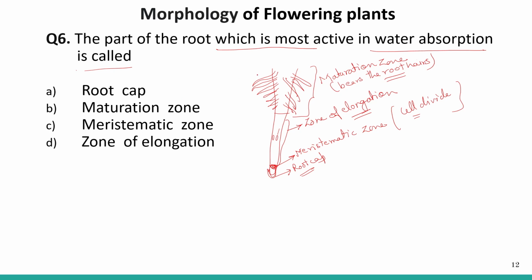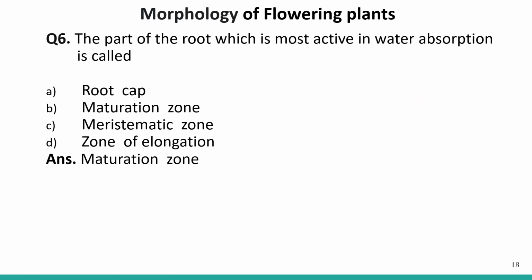So the part of the root which is most active in water absorption: water absorption is with the help of these root hairs only. That is the maturation zone, because the root hairs are present in the maturation zone. So the correct answer is the maturation zone.